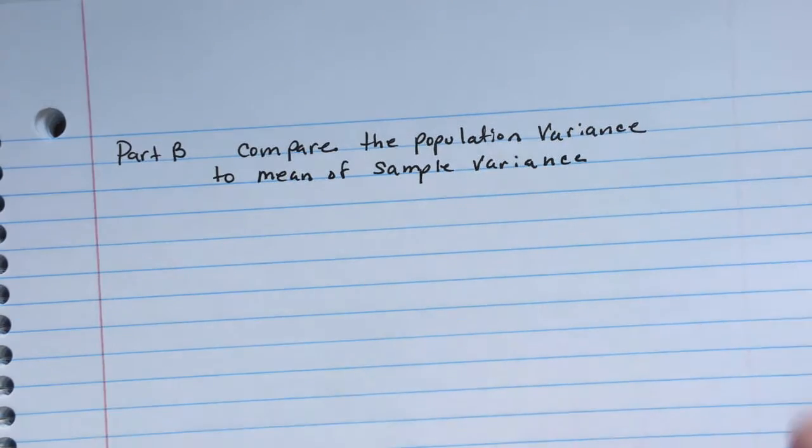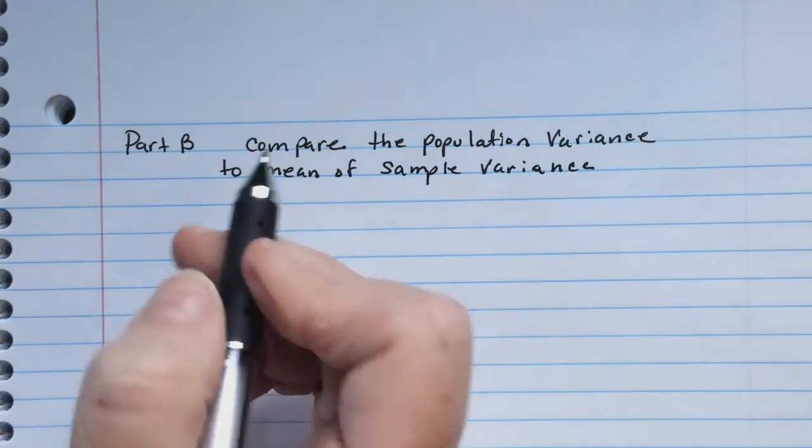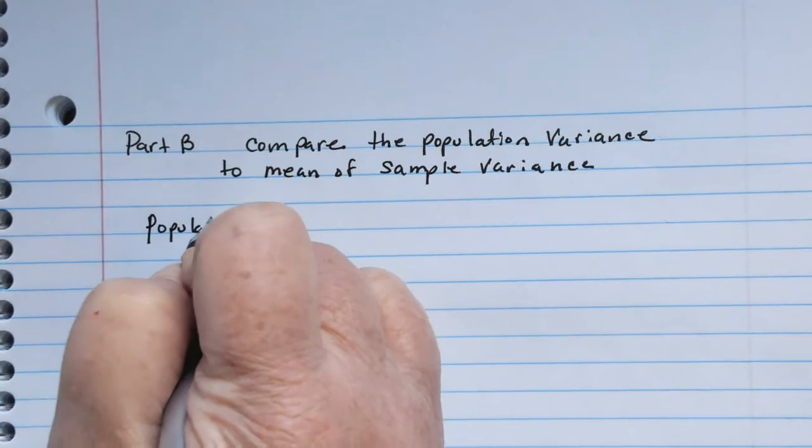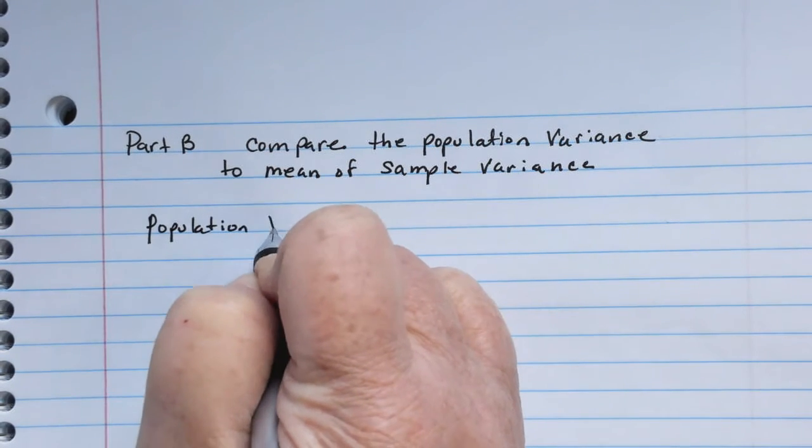Okay? So the first thing we're going to do is get our population variance.